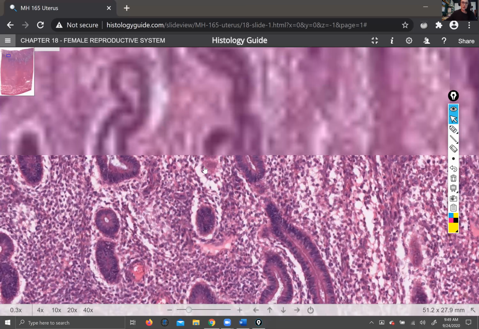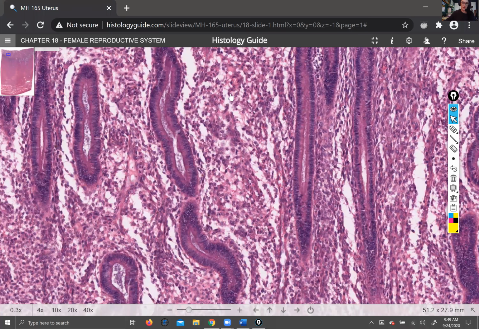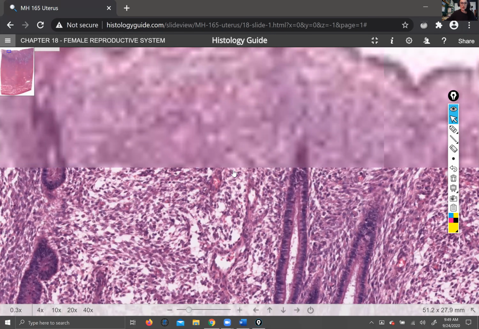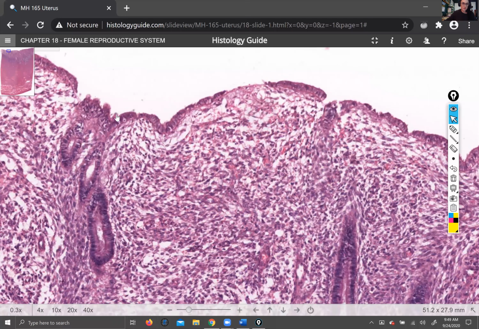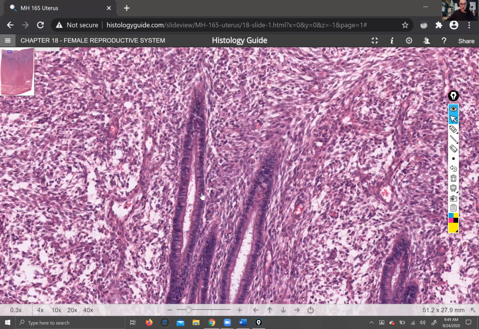And up we go. Takes a while because the endometrium is quite thick during the proliferative phase. And here we go. So the epithelium is on top and it folds inward to form the endometrial glands. So you can see this infolding here has been a little bit cut off, but you can see that it continues down here.